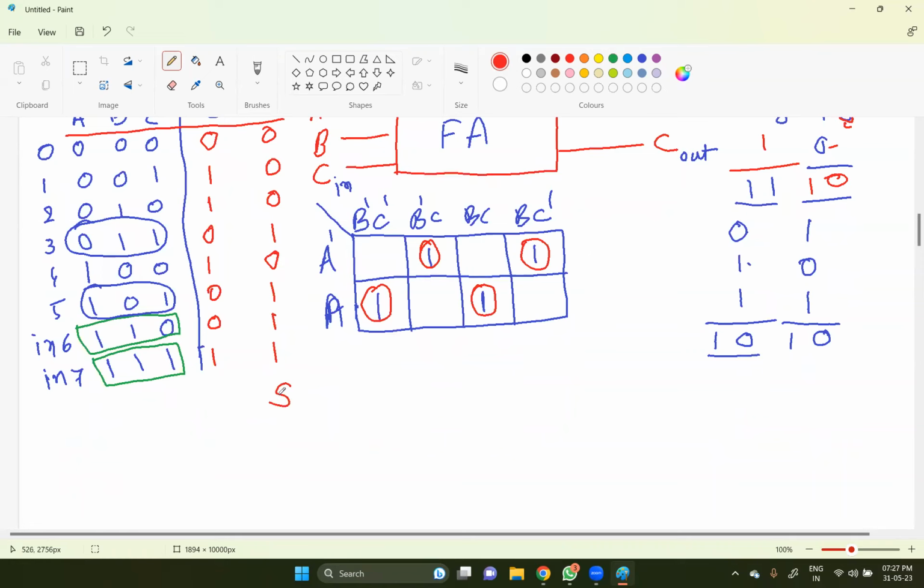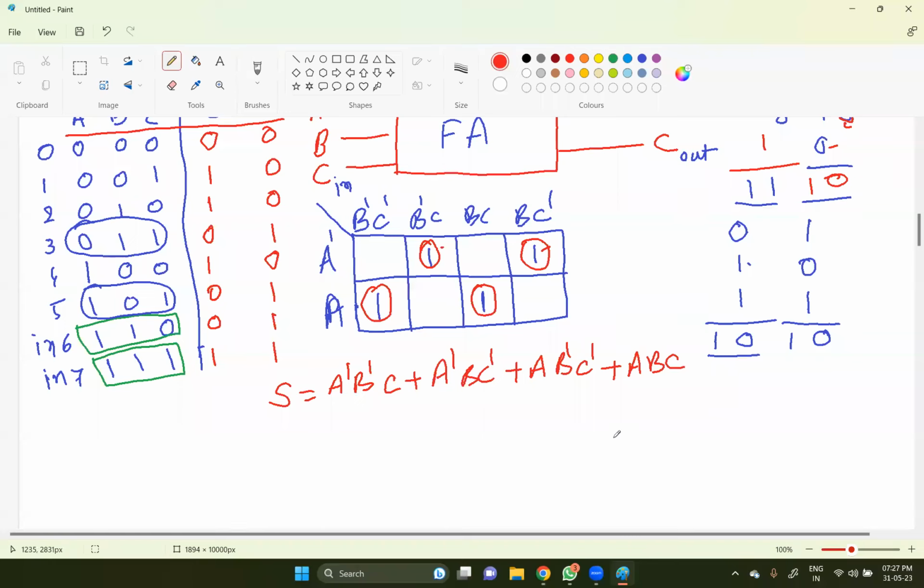So sum will be equal to A complement, B complement, C, that is the first value, plus A complement, B, C complement, plus A, B complement, C complement, plus A, B, C. This is the value which is available.